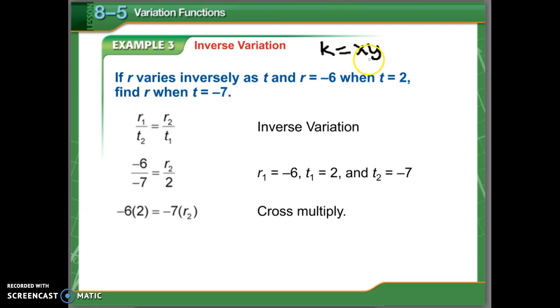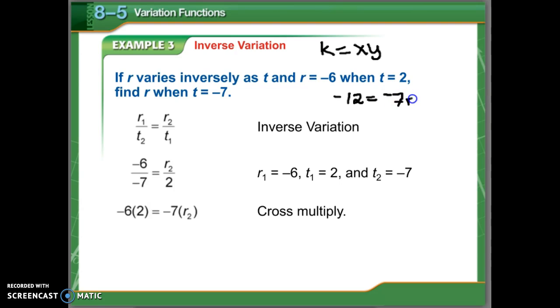they're not setting it up this way, but another way that you could solve this problem, which I think might be easier, is to say if r varies inversely as t, r is -6 when t is 2. So we could say r is our x and t is our y value. So that's -12. If we multiply those together, that's going to equal r times -7.